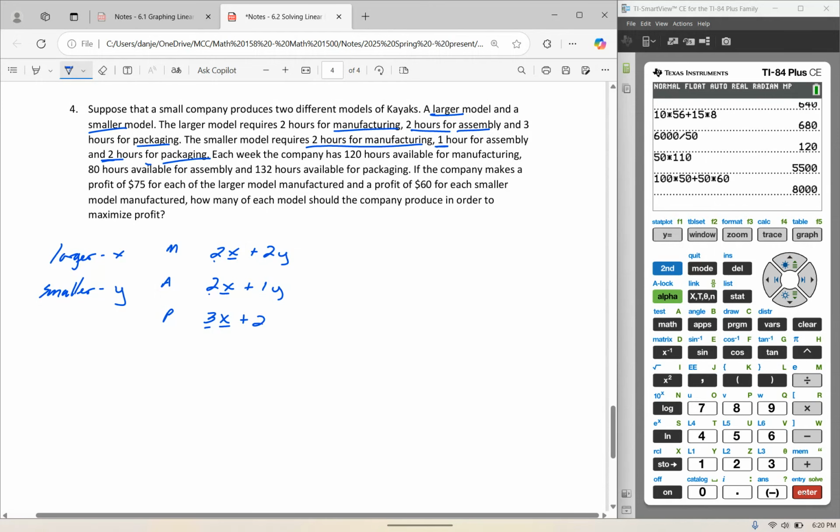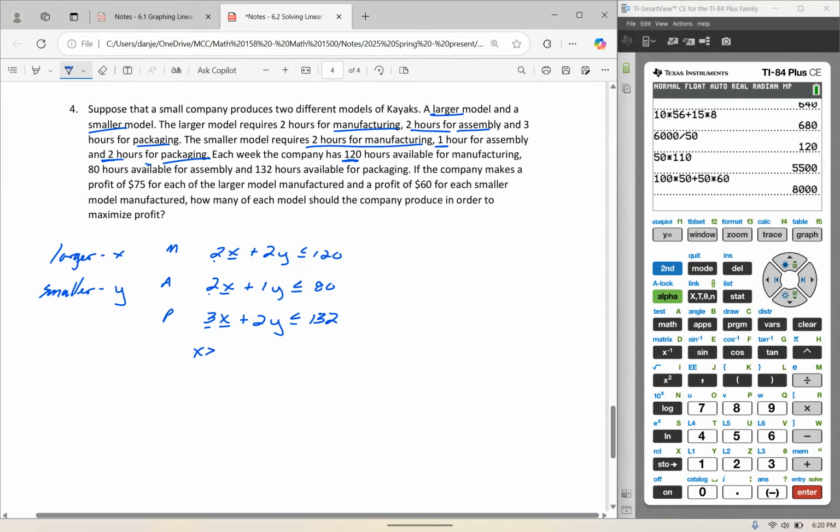Each week, the company has up to 120 hours available for manufacturing, up to 80 hours available for assembly, and up to 132 hours available for packaging.